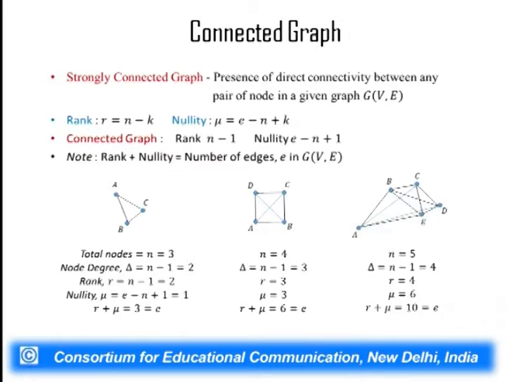Likewise, we can see this in the next two figures, a graph over 4 nodes and a graph over 5 nodes. These are all strongly connected components. They have direct connectivity between any pair of nodes given to us, and we can apply the rank and nullity formulas to calculate further expressions.